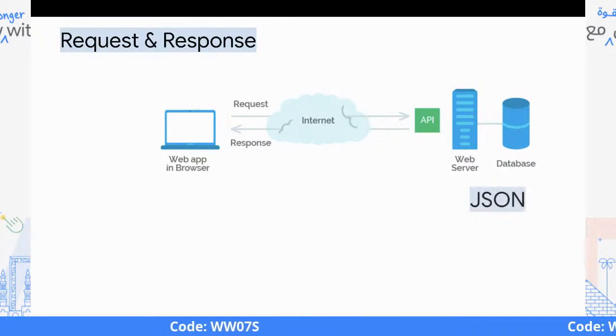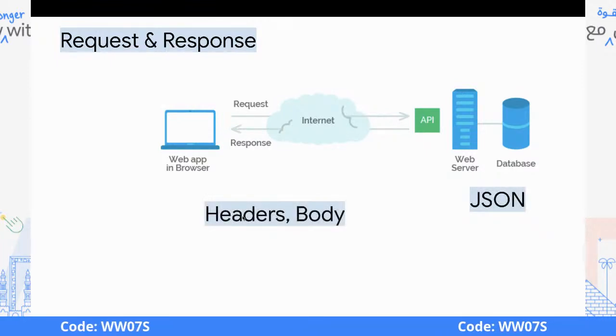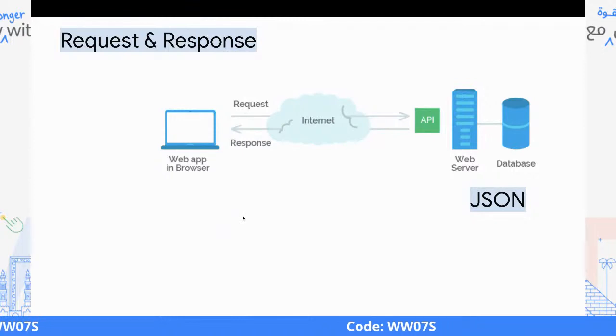Let's look at more terminology, one at a time. Let's look at what's a JSON. Think of JSON as a language that these two applications, your web app and the database, understand. So the request you make is maybe in the JSON language. The response you get is also of type JSON.